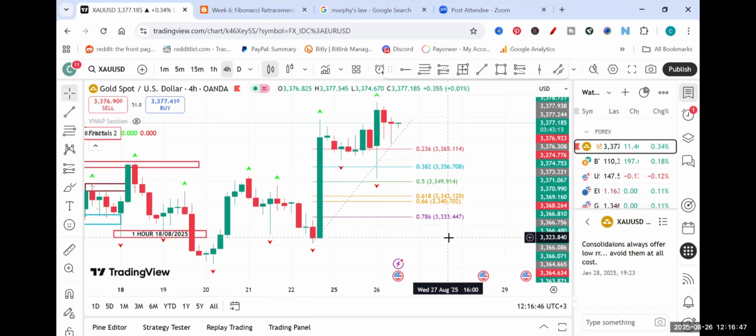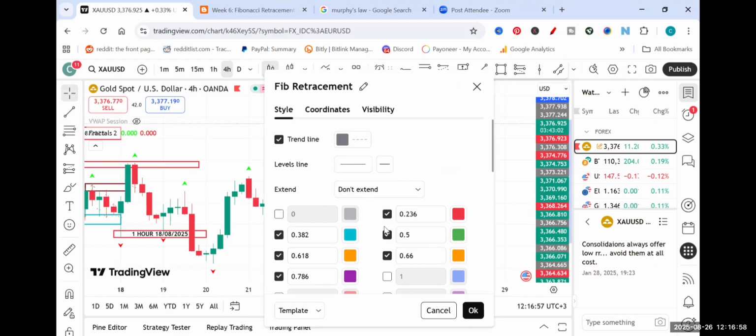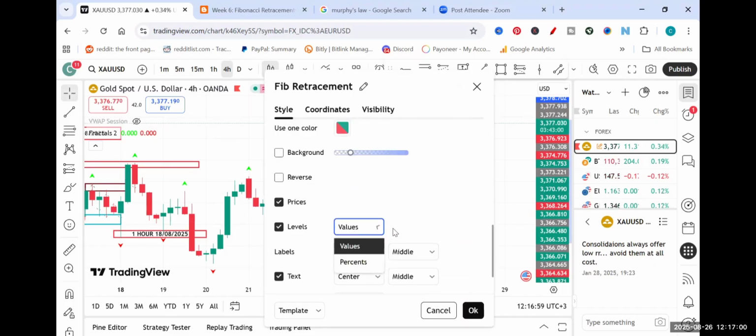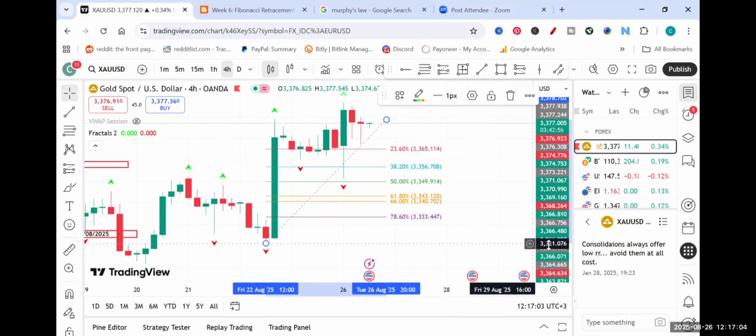He normally was trading mostly the Fibonacci golden zone, sorry, the golden ratio, the 61.8%. Let me put it in ratio form so that it makes sense for you, and then I'll revert it back after this class.